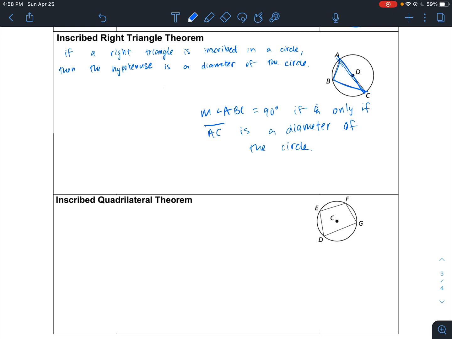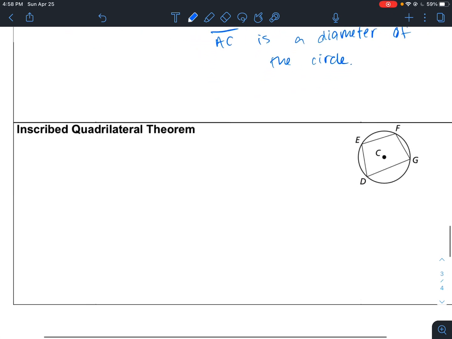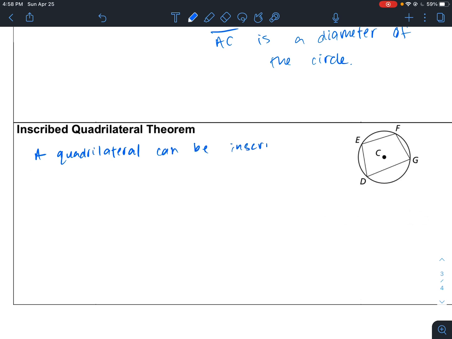And then the inscribed quadrilateral theorem. If we have a quadrilateral inscribed in a circle, a quadrilateral can be inscribed in a circle if and only if its opposite angles are supplementary.